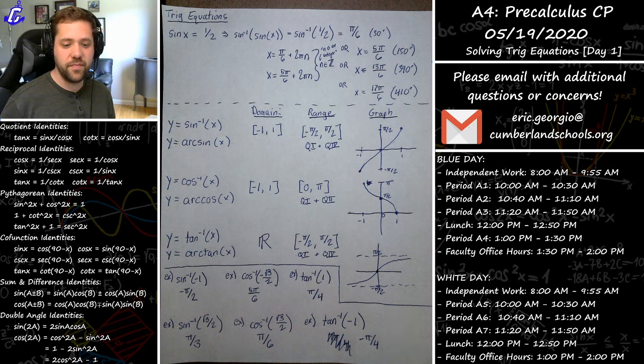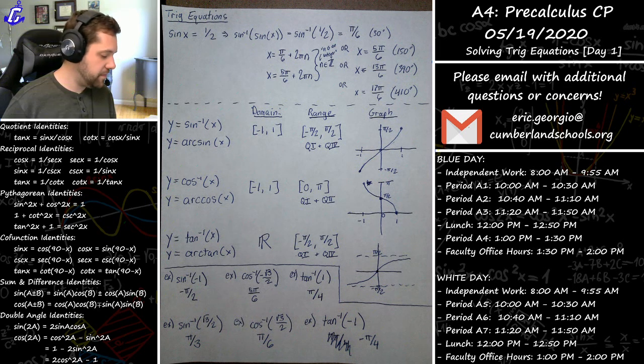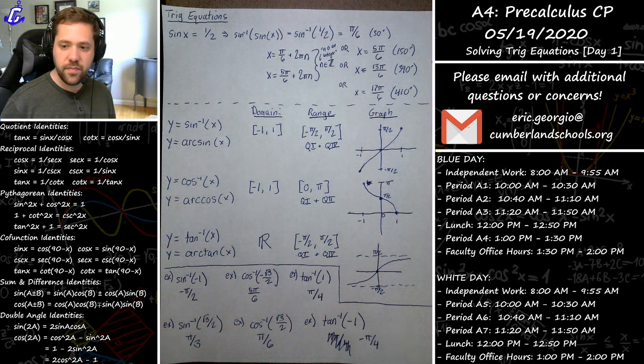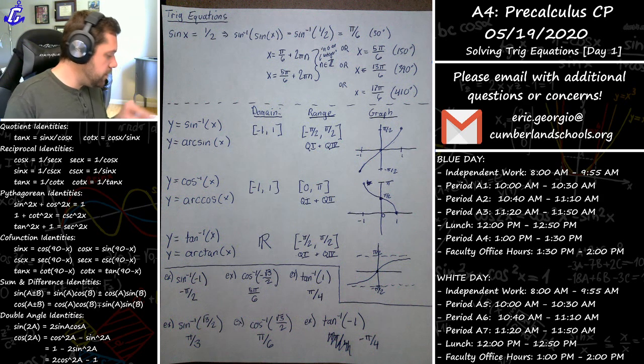So just going over one of these examples, let's do the first one. The sine inverse of -1. Yep. So I don't understand why you need to take the sine inverse if the sine of -1 is just pi over 2. I'm confused.